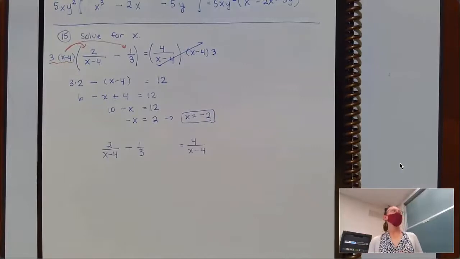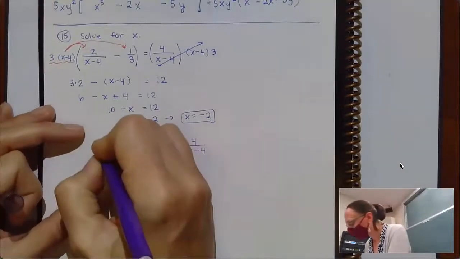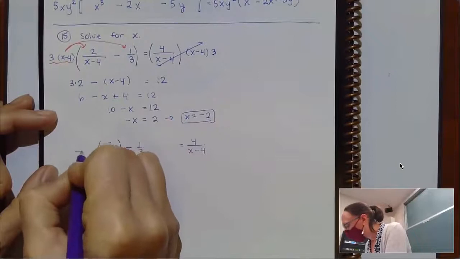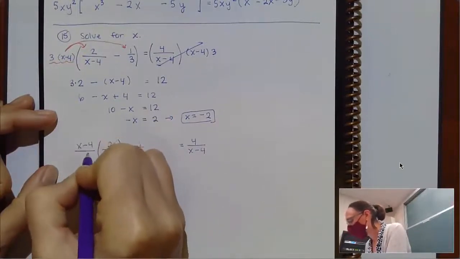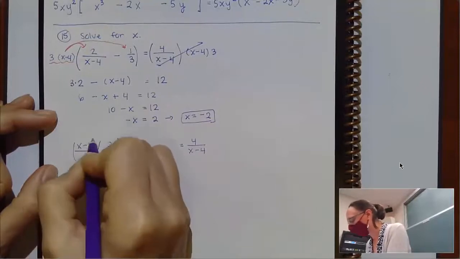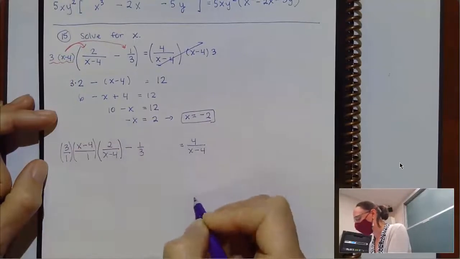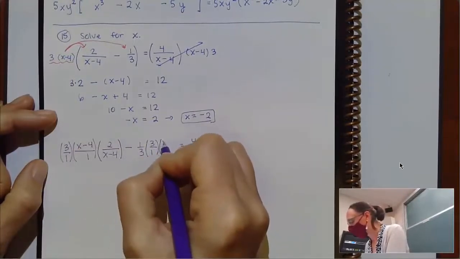So when I go in to multiply by that common denominator of 3 and x minus 4, I'm going to go ahead and write that in next to each term. So I'm multiplying by x minus 4 over 1 and by 3 over 1. And I'm doing that on each term.